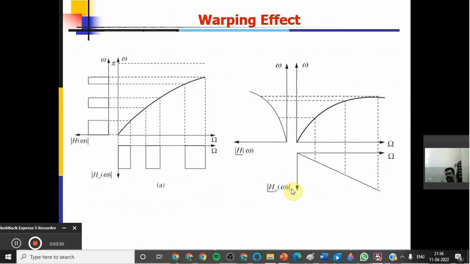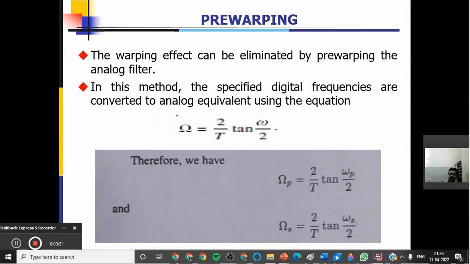While converting from analog cutoff frequency to digital cutoff frequency, here also the curve is not the same as in the analog, so it is changing. Here also distortion is occurring. These are occurring due to the frequency warping. The warping effect can be eliminated by pre-warping the analog filter.